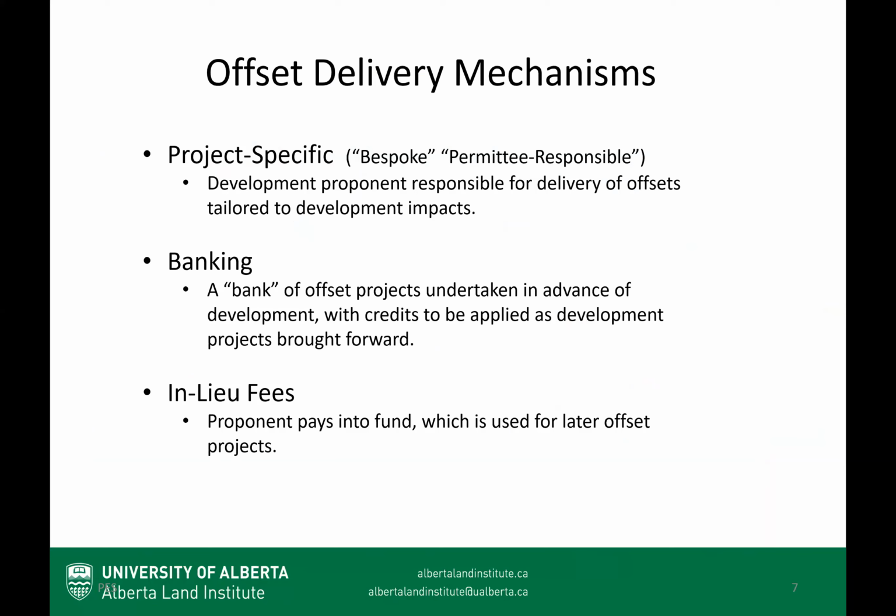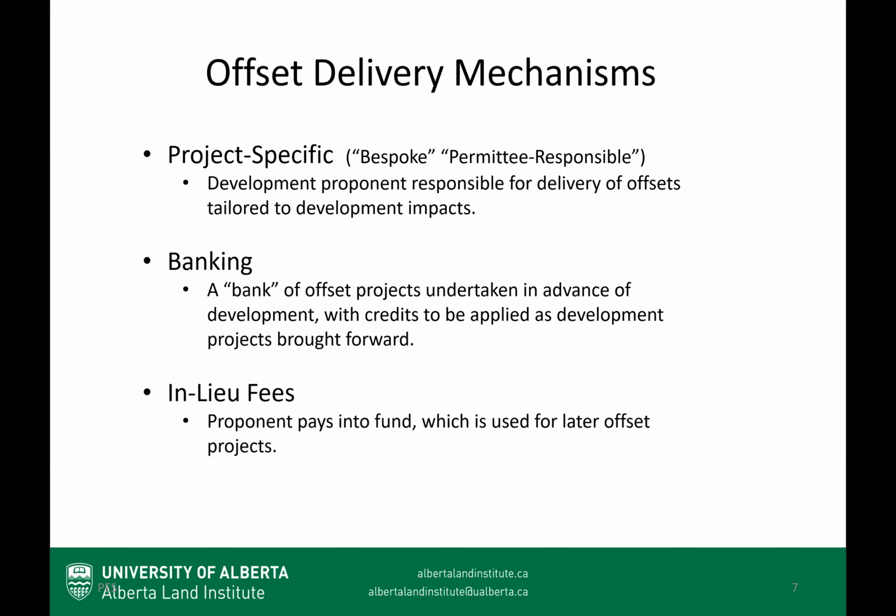Typically, offsetting is carried out through three different delivery mechanisms. The project-specific offsetting is essentially where the proponent is expected to design an offset project to correspond to its particular development project, so that the losses and gains directly correspond to one another on a one-to-one basis.